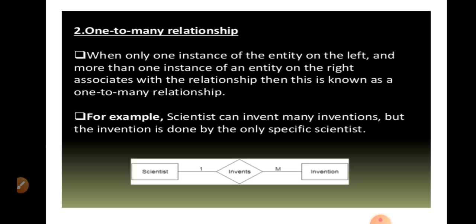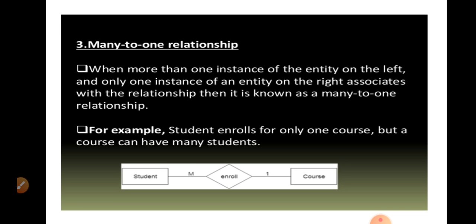Now we will discuss many-to-one relationship. This is the third type of relationship. When more than one instance of the entity on the left and only one instance of the entity on the right are associated with the relationship, then it is known as many-to-one relationship. For example, a student enrolls for only one course, but a course can have many students.